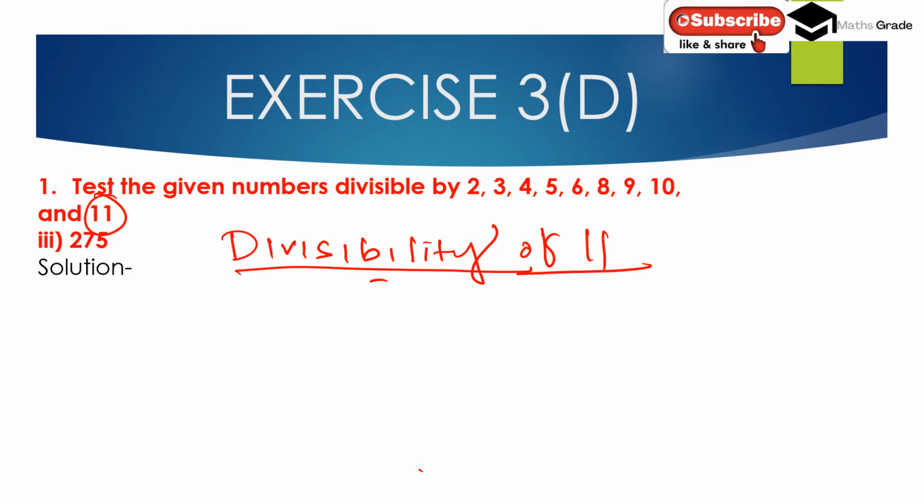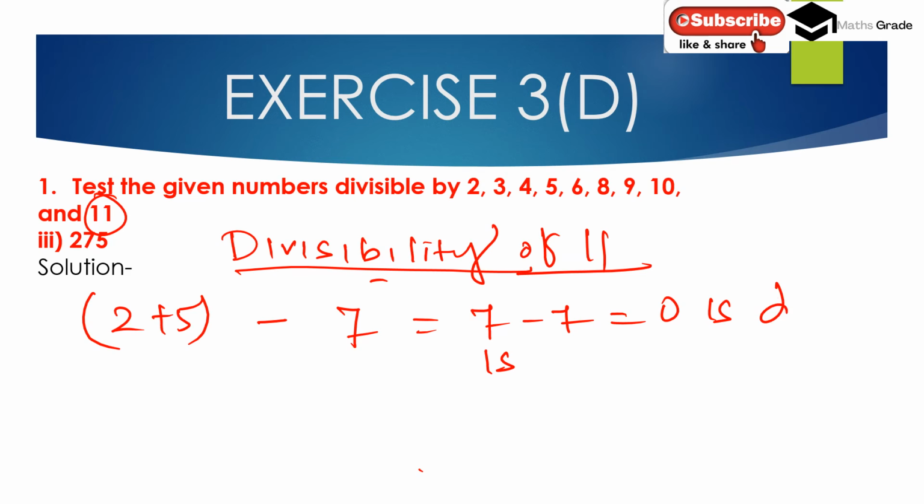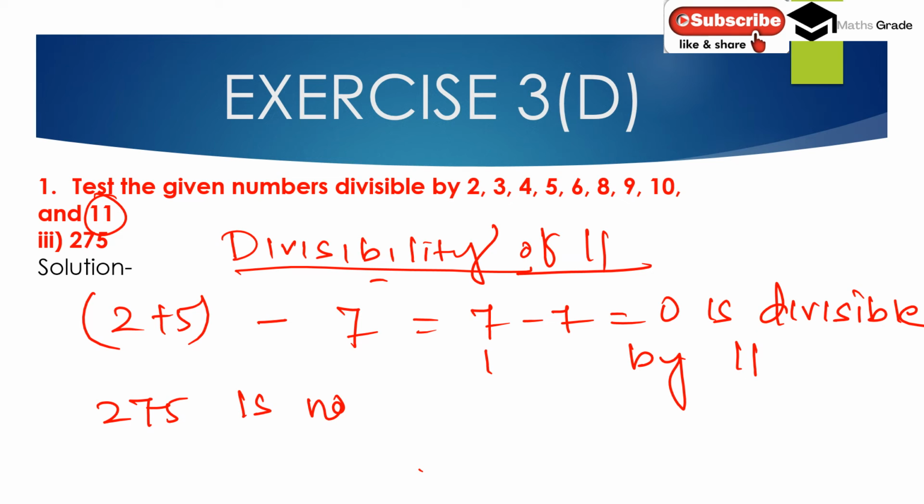Now the sum of digits at odd places is 2 plus 5, and the sum of digits at even place is 7. Now 2 plus 5 is 7, and 7 minus 7 is 0, and 0 is divisible by 11. So this number 275 is divisible by 11.